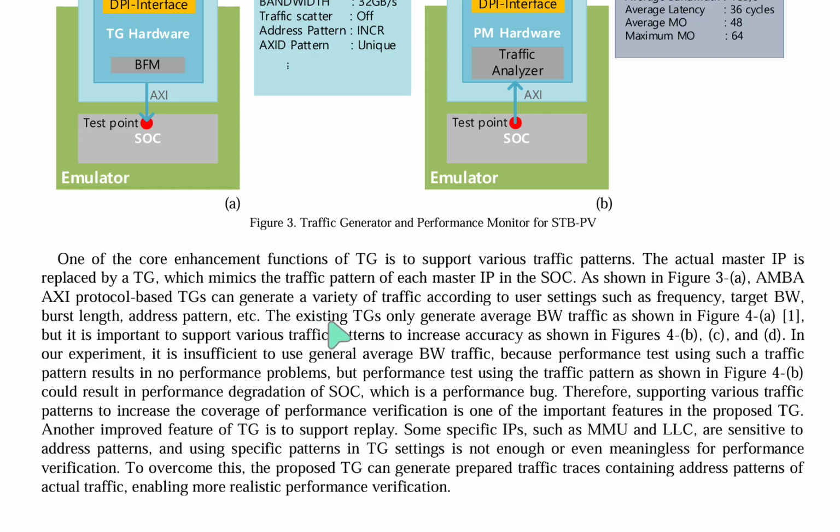The existing TGs only generate average bandwidth traffic as shown in Figure 4-A, but it is important to support various traffic patterns to increase accuracy as shown in Figure 4-B, C, and D. In our experiment, it is insufficient to use general average bandwidth traffic, because a performance test using such a traffic pattern results in no performance problems, but a performance test using the traffic patterns as shown in Figure 4-B could result in performance degradation of the SOC, which is a performance bug.